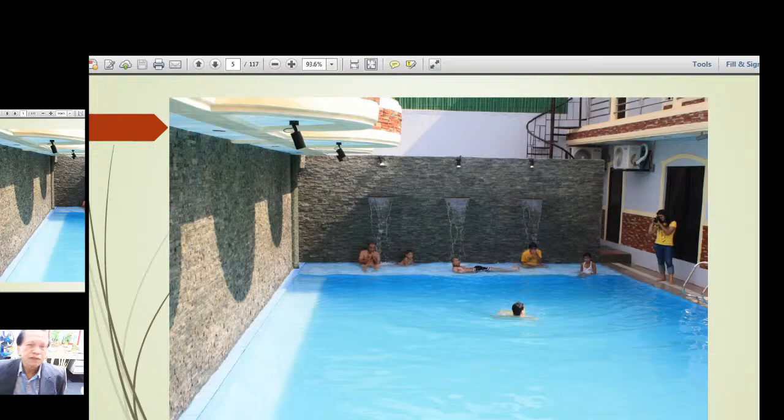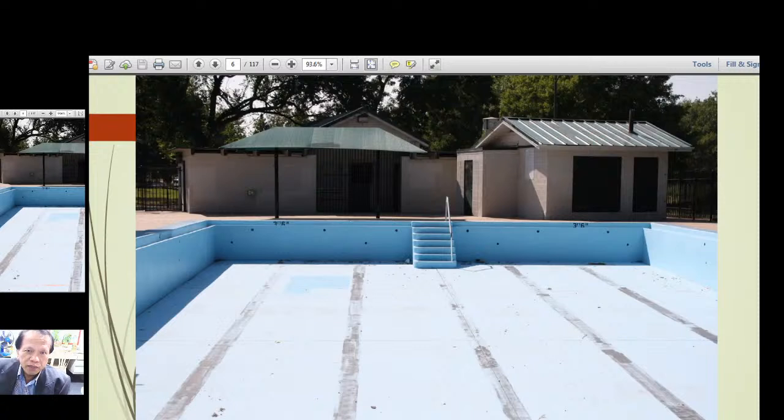Okay, so here we have this slide which shows us a swimming pool which, as you see, is almost totally enclosed. There is not much of a setback, so you can construct it even with limited space, depending, of course, on the owner. When you construct it, you can also include amenities like in this slide.